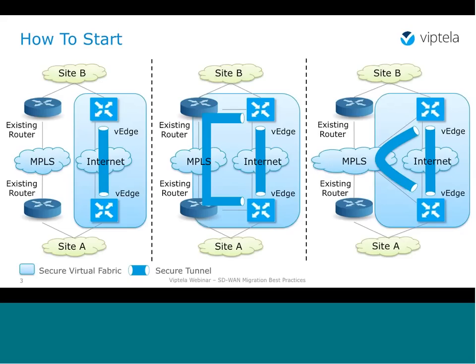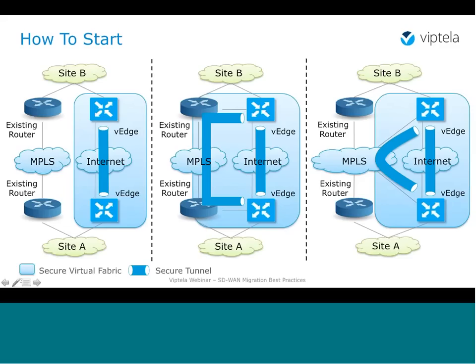Now, there are cases where an additional connectivity to the MPLS network is also possible. In this case, you can see the difference in the picture on the right is that the vEdge routers, the CPEs, actually have connectivity into the MPLS network directly, in which case they're able to establish the secure virtual network across an MPLS network without passing across or on top of the existing CPE devices, existing routers.